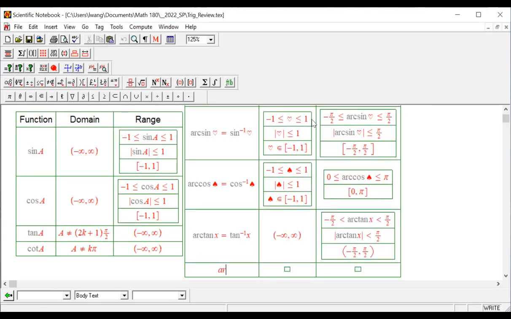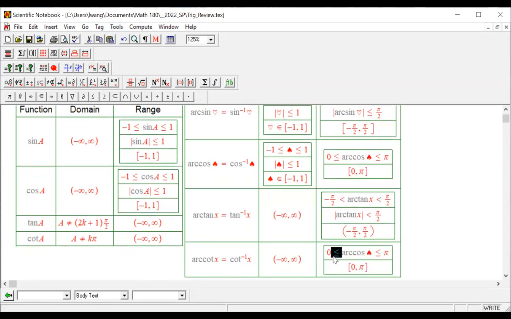So arc cotangent x is also written as arccot x. There's a different way of writing it. The domains are the same. The range is similar to arc cosine, except that this is a less than, and this is a less than.